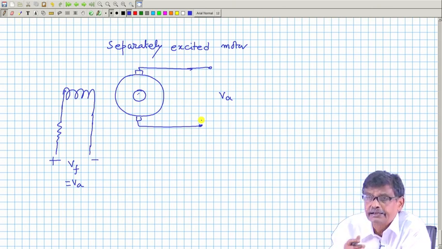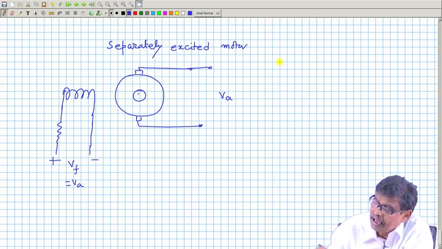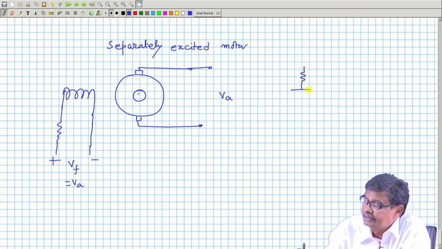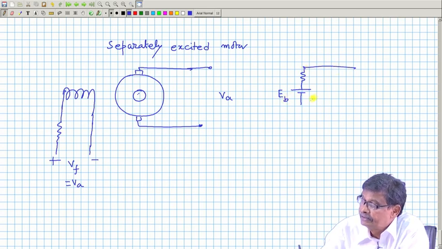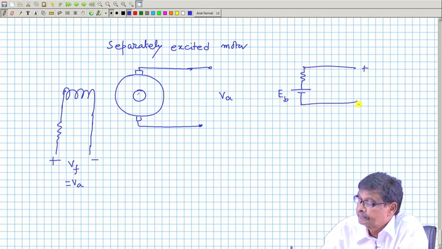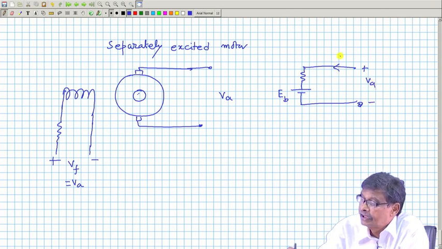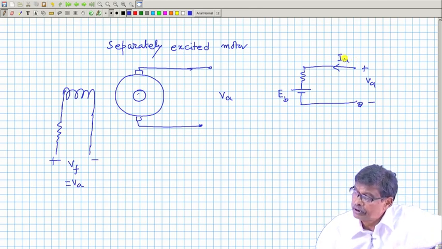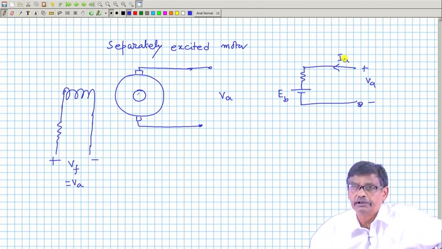Now, starting current is large, but as the machine picks up speed, because the armature circuit is like this, this is back EMF, this is supply. This is your Ia. This armature current will shoot up to a large value, then it will gradually decay.